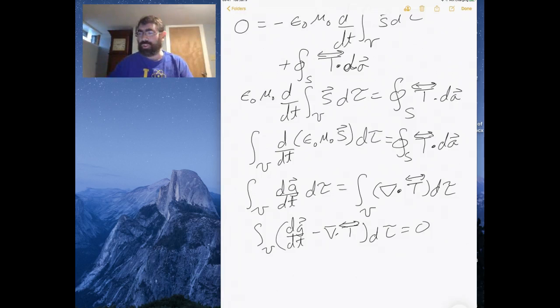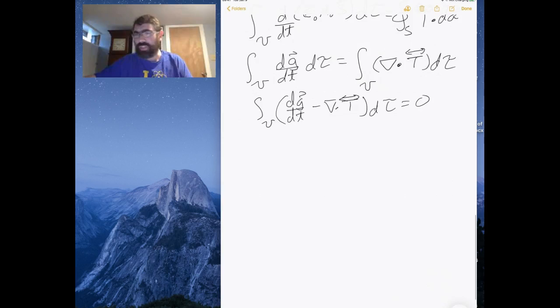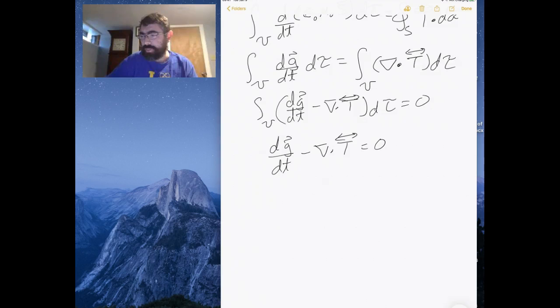So instead, the more exciting answer is that we have this equation where these two terms subtracted from each other are equal to 0, or the change in the momentum density is equal to the divergence of our stress tensor.